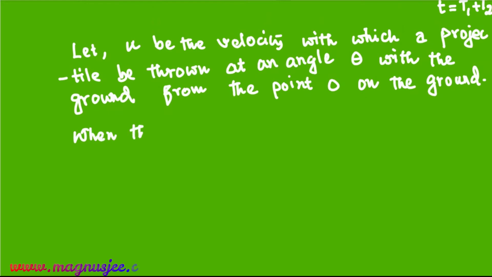Now let u be the velocity with which the projectile is thrown at an angle theta with the ground from the point O on the ground.